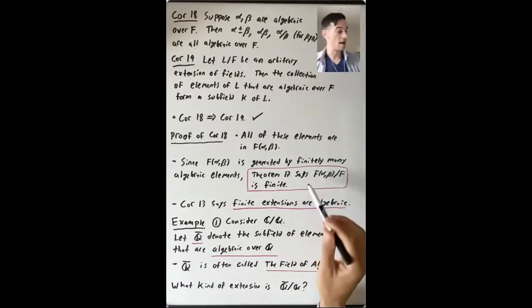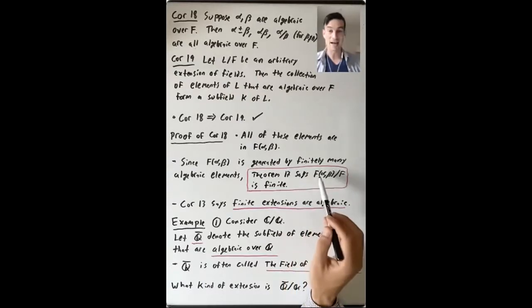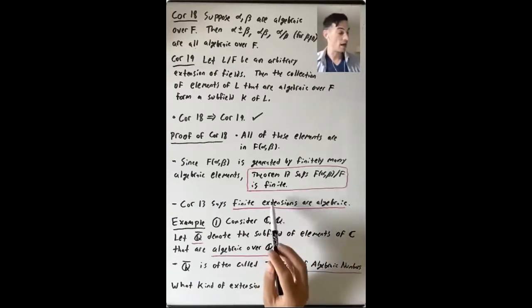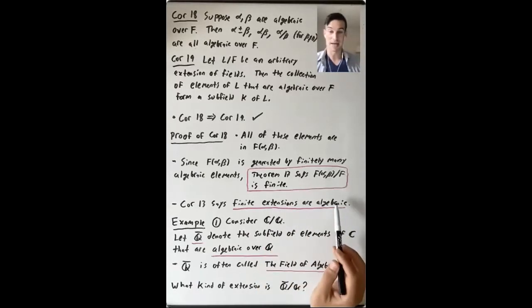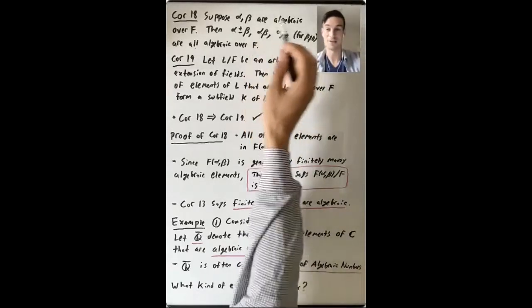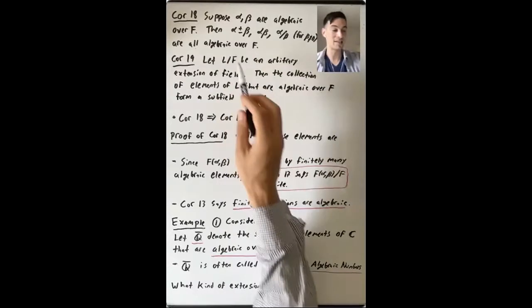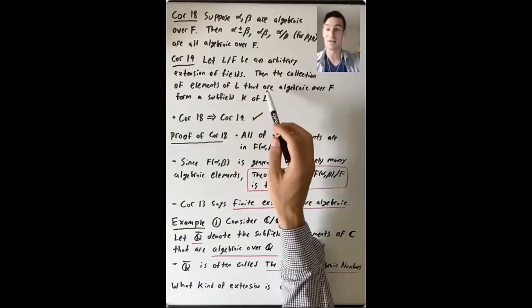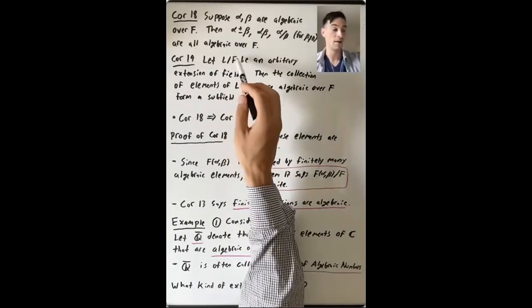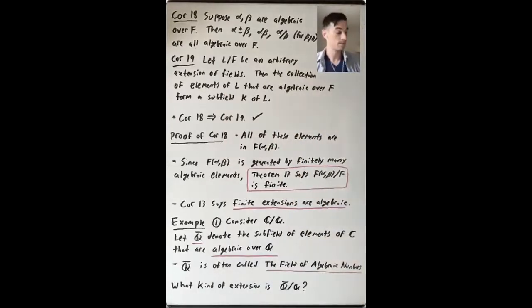The key thing is these two facts: that an extension is finite if and only if it's generated by finitely many algebraic elements, and finite extensions are automatically algebraic. So that proves that in any extension, the collection of all of the elements algebraic over the base field form a subfield.